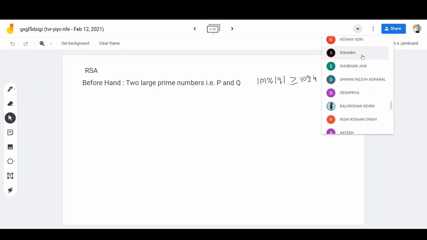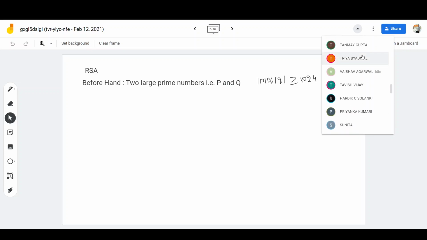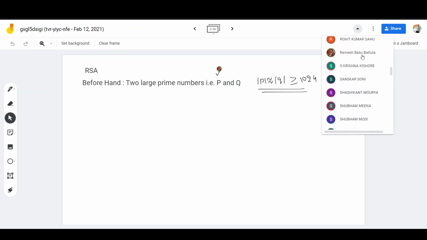The first thing to keep in mind is that before you use this algorithm, choose two prime numbers. The length should be more than 1024 bits. The second point, we should compute n equal to pq.